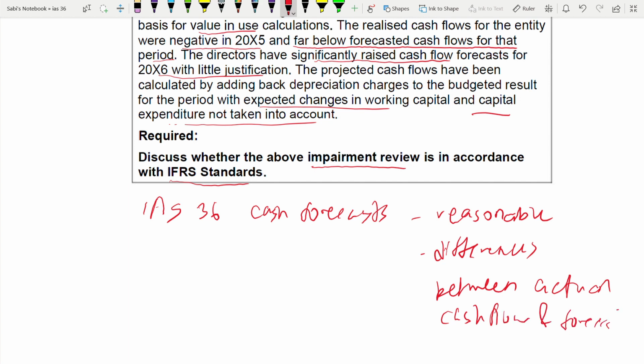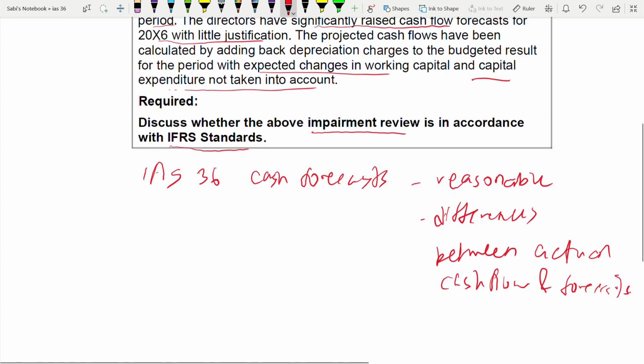Why is there a difference, and if the difference is wide, it's not a good sign. You need to figure out why. And then management must see the assumptions, whether forecasts are based on, they're consistent. The assumptions need to be consistent with the past.